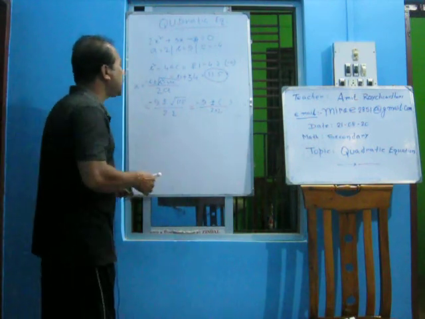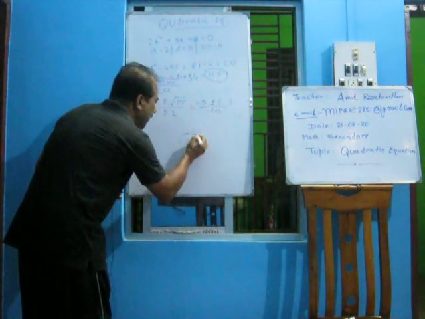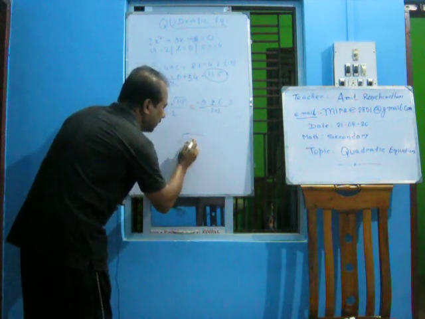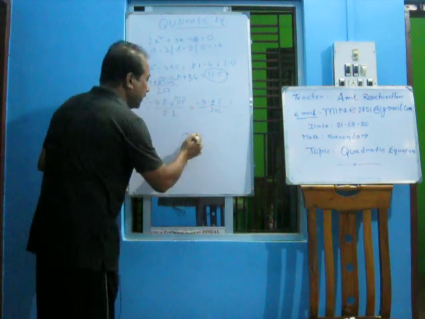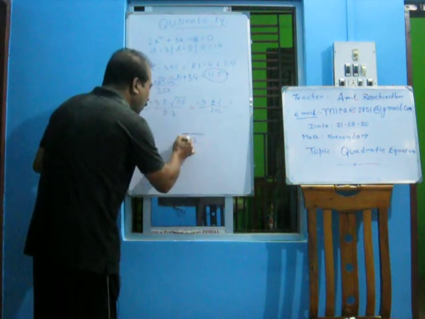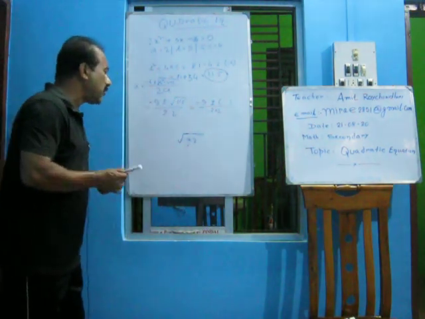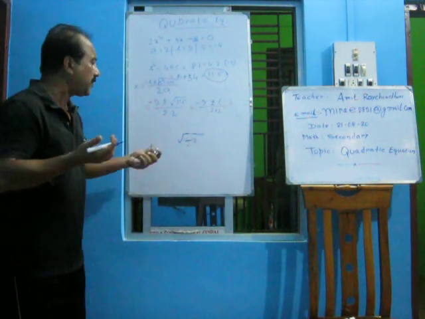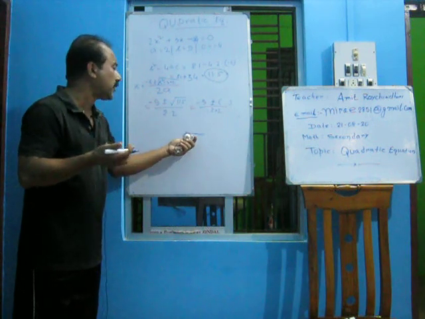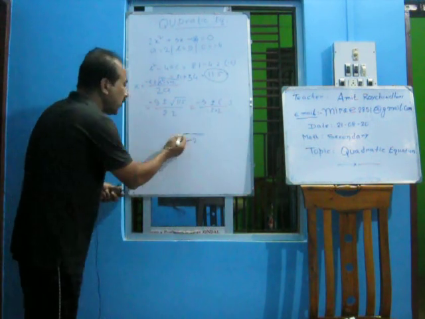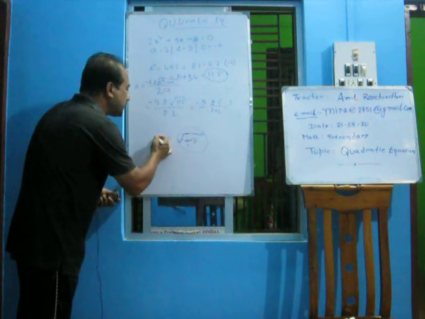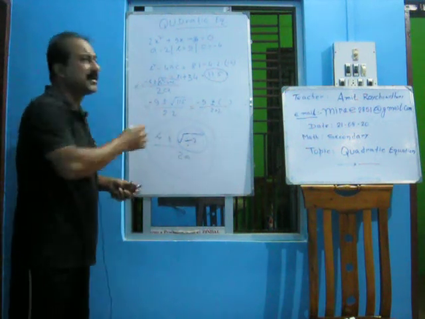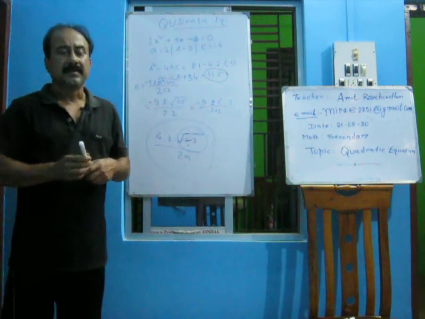Results will be imaginary means that if b square minus 4ac is like minus 7, the value of root over minus 7 cannot be found out. So it is an imaginary number. Once the root is taken plus minus with b by 2a, the result has to come as imaginary, right?